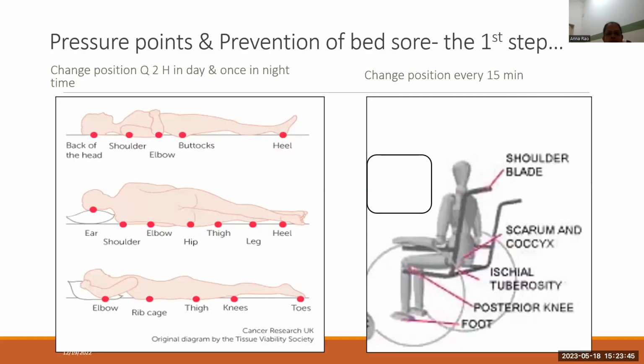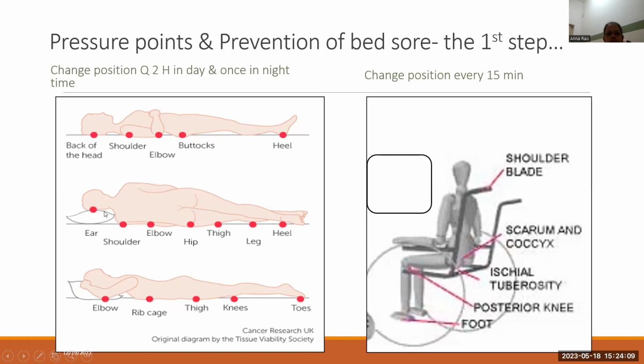Right. Now changing of the position. So you can see here the patient lying in supine position, where he can get the bed sore. The places are already shown here, right? And you might have seen the bed sores at these places. Now imagine the patient is in a sideline position.